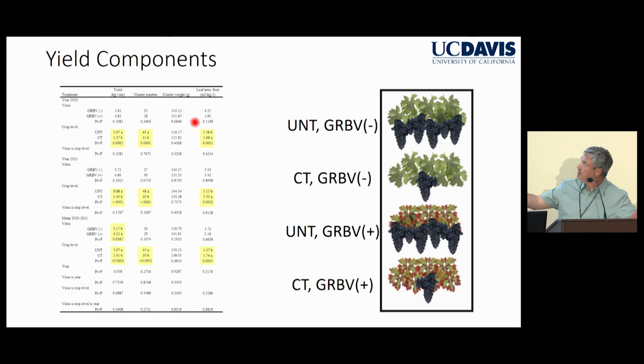These are looking at the single factors. There was no significant difference except for in the vines that we removed the clusters. There was 3 times more leaf to fruit ratio in those vines because we didn't adjust the leaf level in any of the treatments. They were all the same.